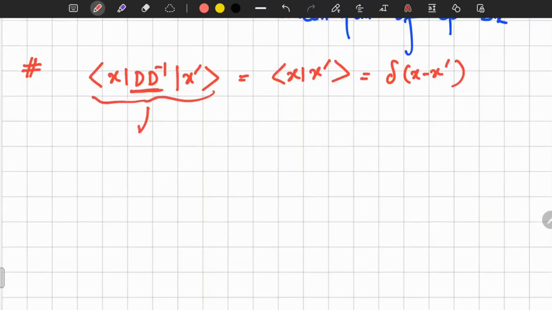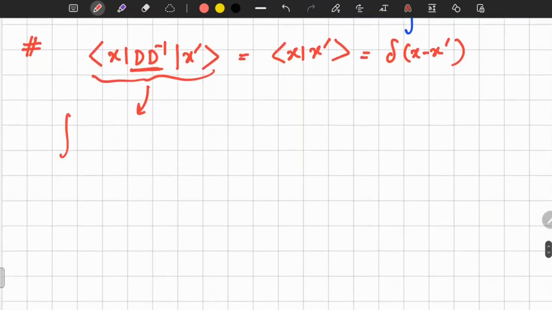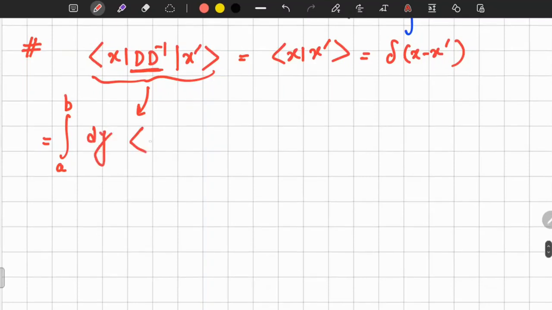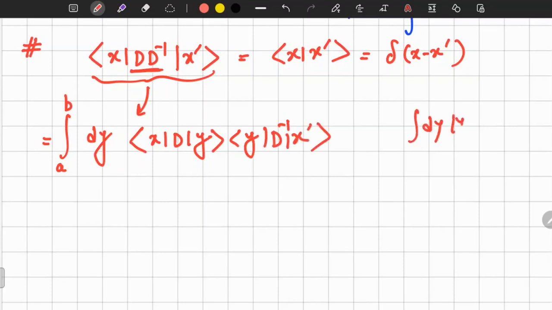Now this part also can be written as, if there is any doubt, then please stop me and you can ask. So it can be written as integral dy, x D y, y D inverse x prime. I have just introduced this integral dy |y><y|. This is also identity, right? So this identity I have just introduced here.